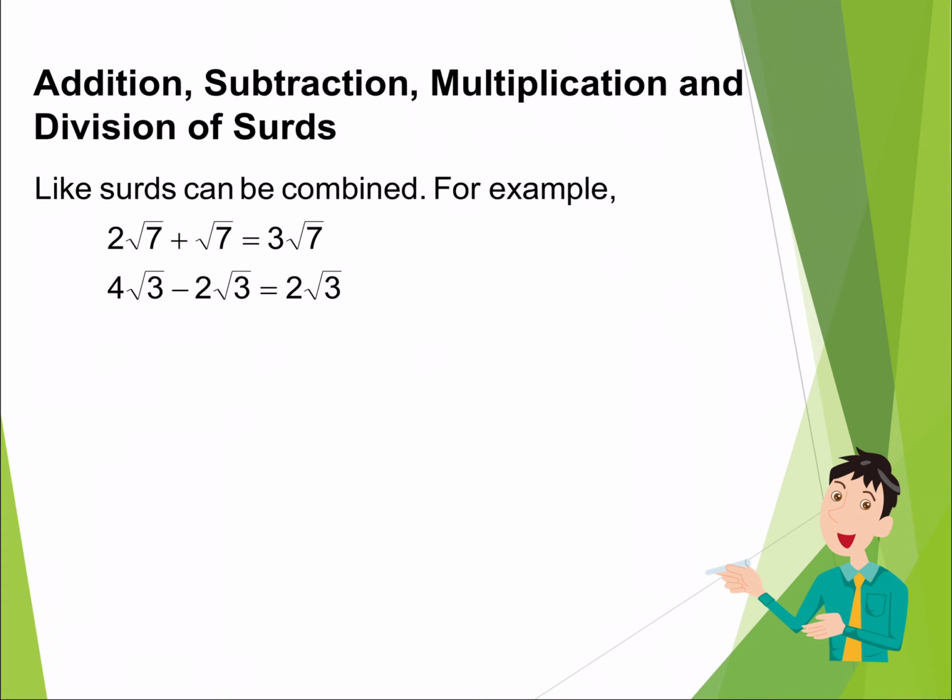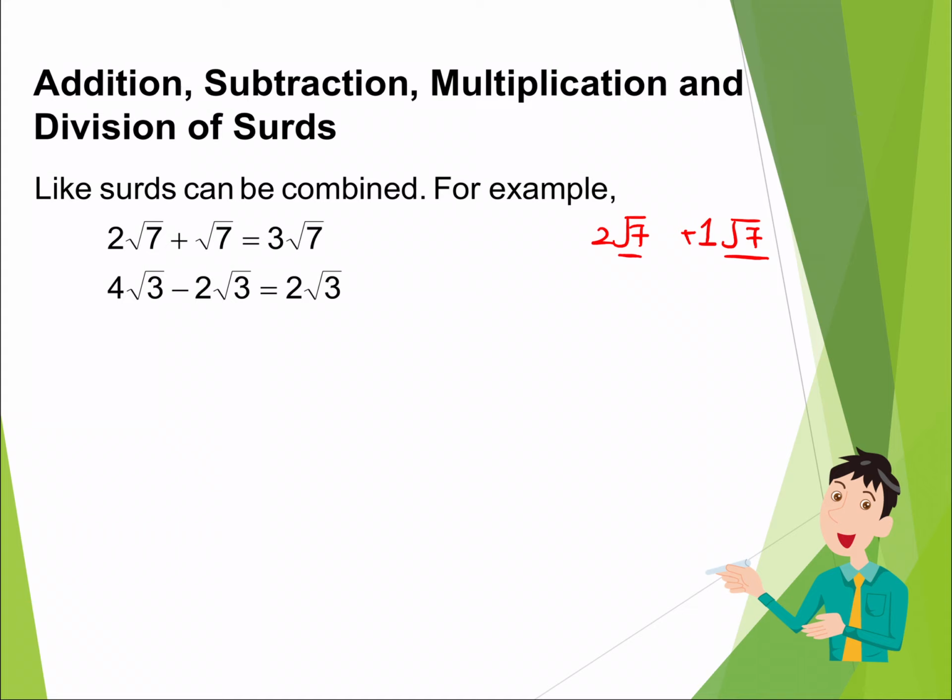Okay, after we can tell which are like surds, we can do the addition and subtraction of the surds. So for the first question, 2 square root 7 and square root 7. Both contain square root 7, so they are like surds, and there's a 1 hidden here.